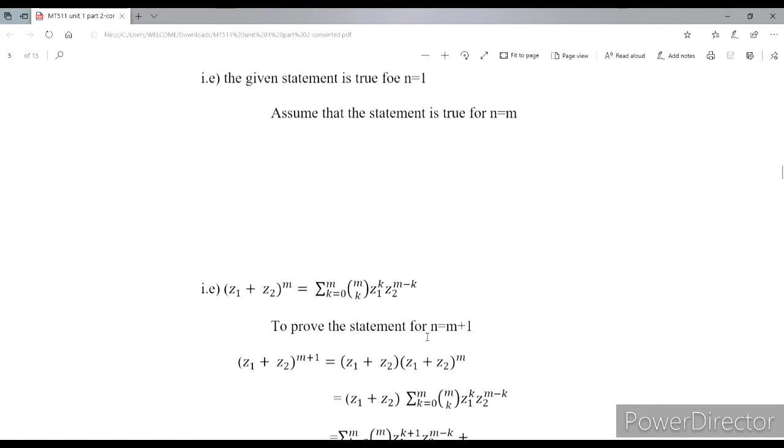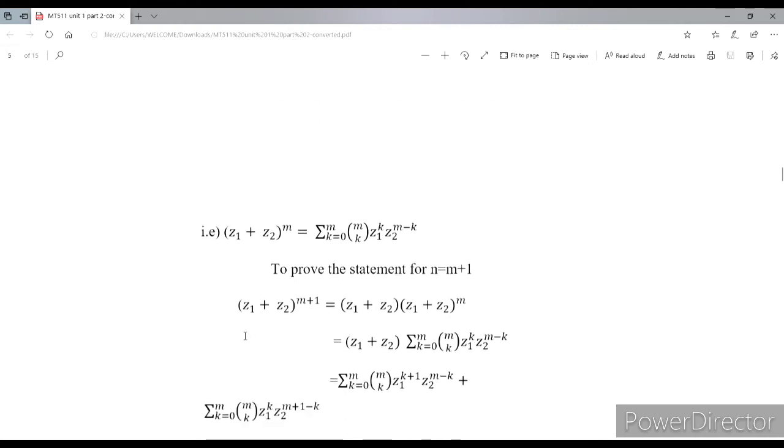To prove the statement for n equal to m plus 1, now consider (Z1 plus Z2) power m plus 1, which is (Z1 plus Z2) into (Z1 plus Z2) power m. Since we have assumed this, we apply the binomial formula: summation k varies from 0 to m, mCk, Z1 power k into Z2 power m minus k.